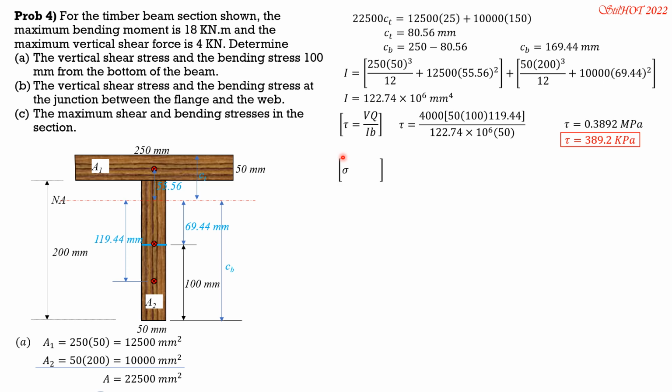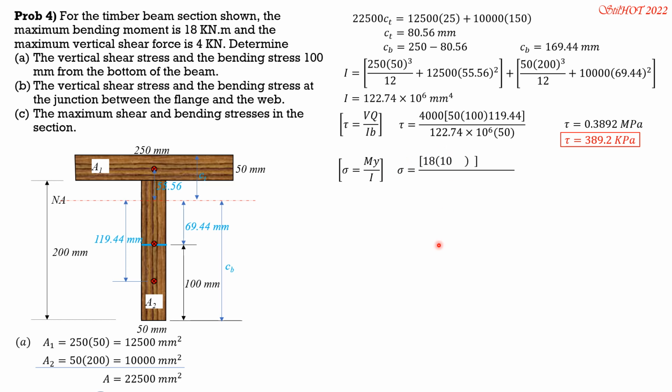So the bending stress formula in general is My over I, where the moment is 18 kilonewton meter, or 18 times 1000 squared newton mm. Y is 69.44, this distance here to this section. Then the moment of inertia we already computed.